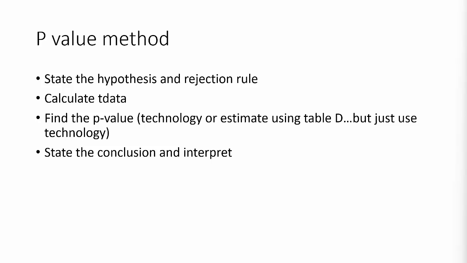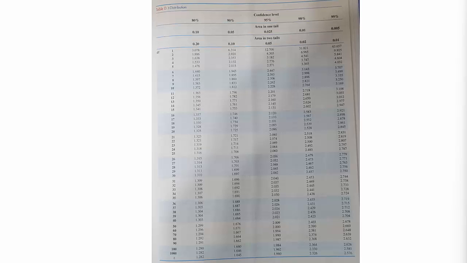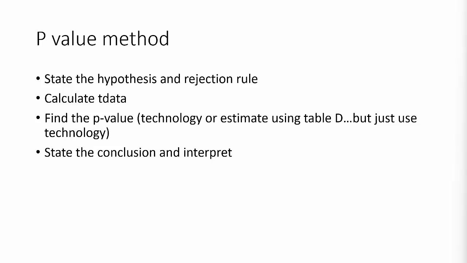Okay, we're going to state the hypothesis and the rejection rule. That is right here. Find the p-value. Oh wait, no, the rejection rule. I'm a liar. I need a different color than red. The rejection rule is p has to be less than your alpha.